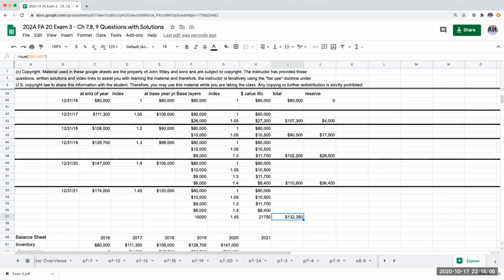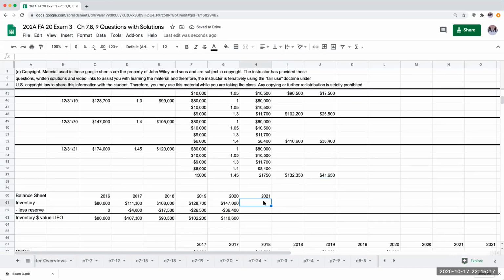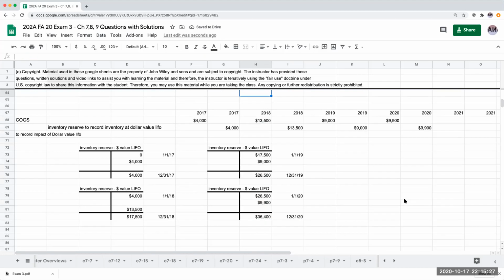So then 10, 5, 11, 7, 8,400. Okay, so that looks right. So now my reserve needs to be 41,650. So inventory here is 174, less 41,650, 132,350.